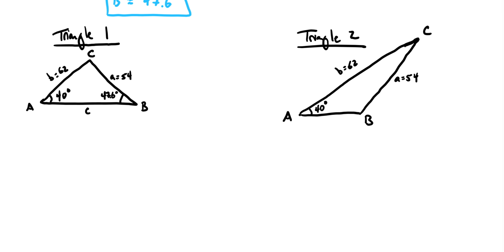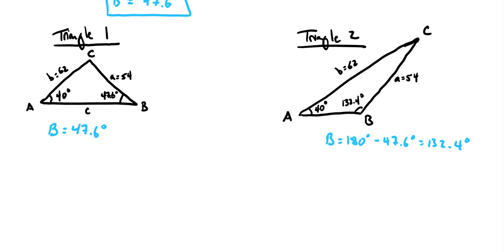And plug that in. And I'm just going to write both of these values for B separately. So this first one was the initial B that we found, and this other one was the 180 minus the initial one.